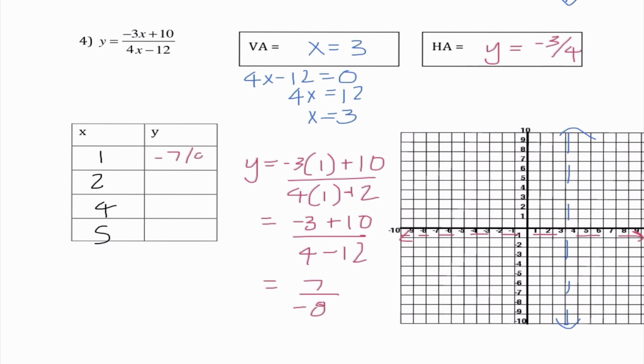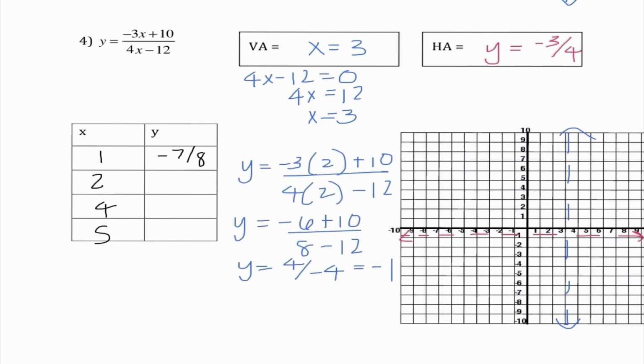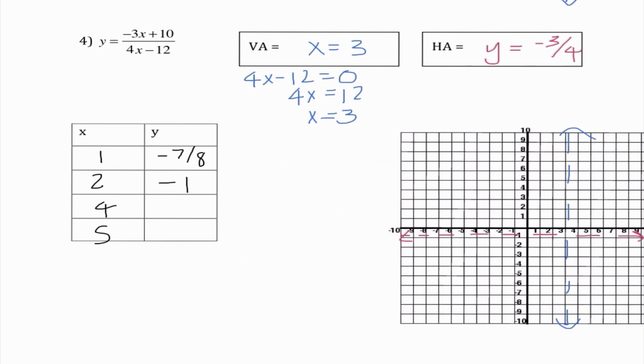So negative 7/8 is going to be our y value. Next, we're going to find the y value when x equals 2. And as you can see, I just kind of went ahead and wrote all the work out here. So I substituted in. I got negative 6 plus 10 over 8 minus 12. 4 over negative 4 is negative 1. So negative 1 is our y value.